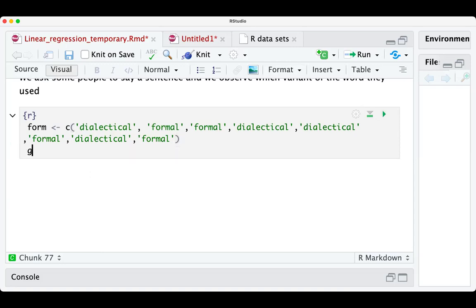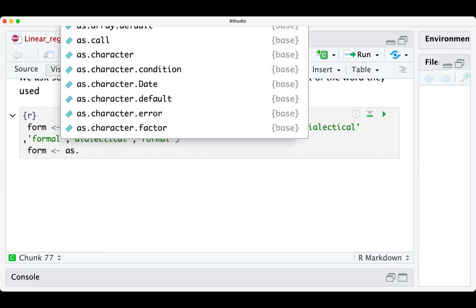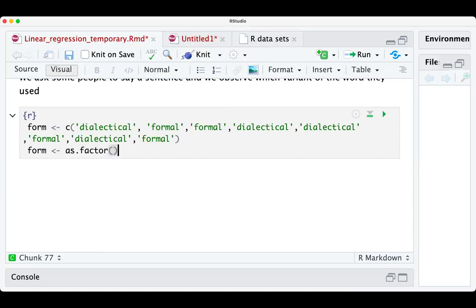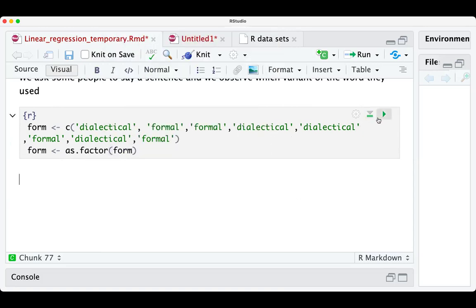And simply for saving it as a factor, let's impose that it is a factor. So this is some random data, I mean, this could be the output of your experiment.